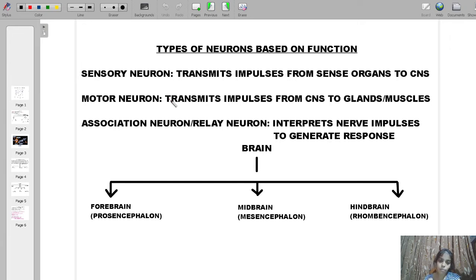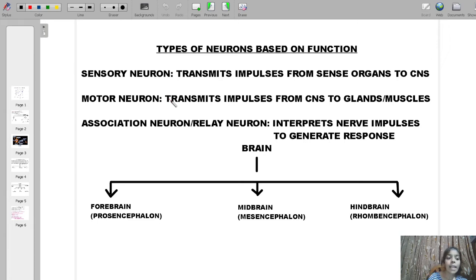I can move away my hand. If I understand that the insect is nearby, I'll move away. So for moving away, my muscles have to work. Who will instruct my muscles? Motor neurons. Who will instruct motor neurons? Brain and spinal cord. So these are the three types of neurons based on function.